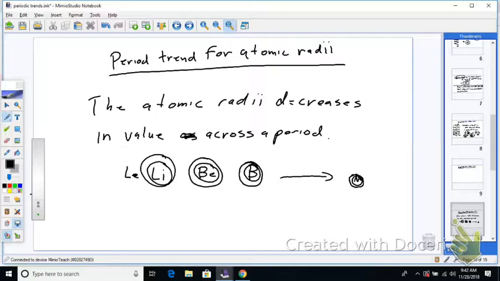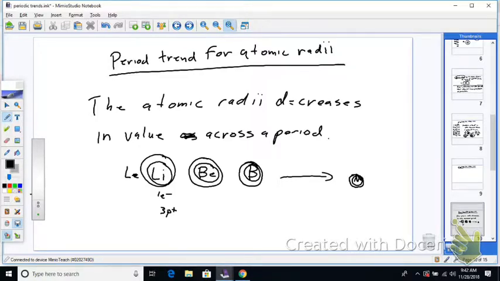So why does it get smaller? Because the charges increase, so the force of attraction increases. Lithium has 3 protons and 1 electron in the outer shell, because that's what's being pulled in.